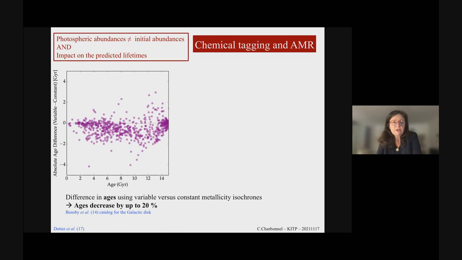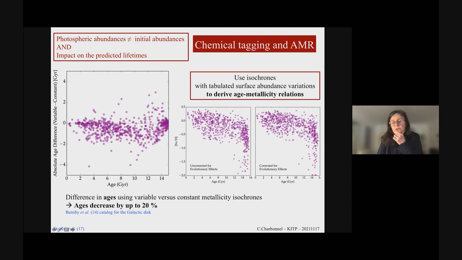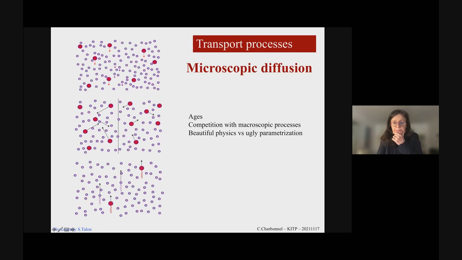It's very important, as I said before, for chemical tagging. Here you have a difference in ages when you take into account variable atomic diffusion versus no atomic diffusion. You see that the age differences can be very important, up to 20% for the galactic disk population. And this has an effect when you want to derive the age metallicity relation.